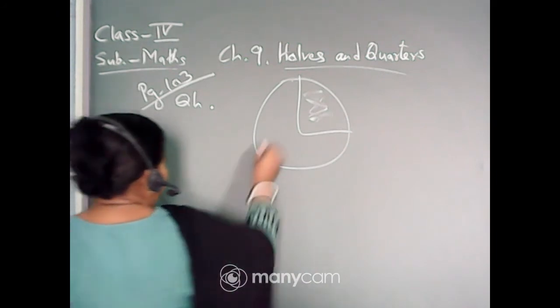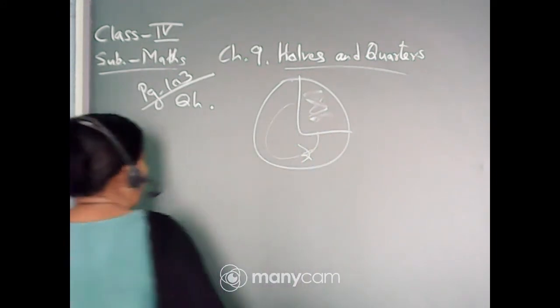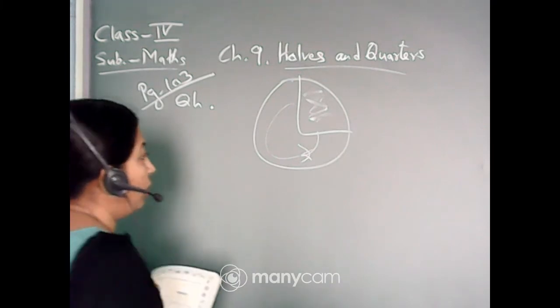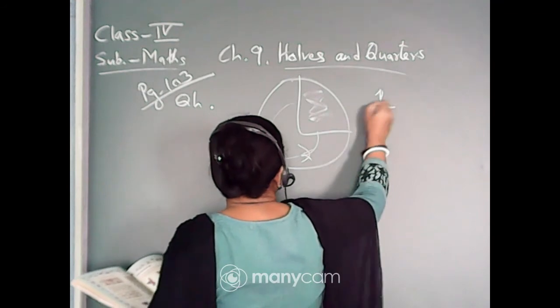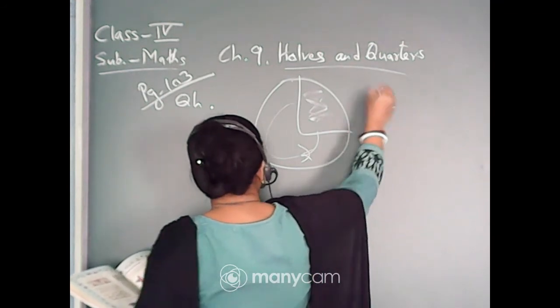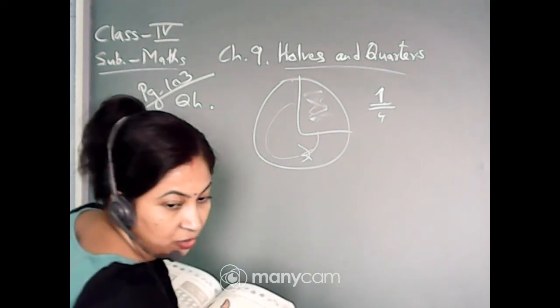You have to find out how much part is not drawn. 1/4 is drawn, isn't it? 1/4 part it is drawn. In the book, 1/4 it is drawn.